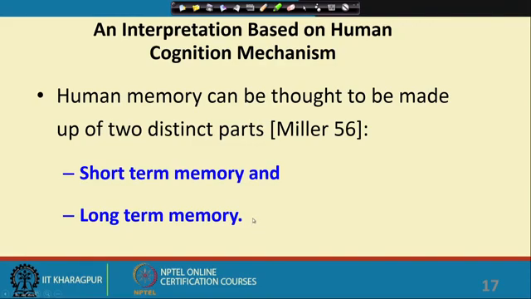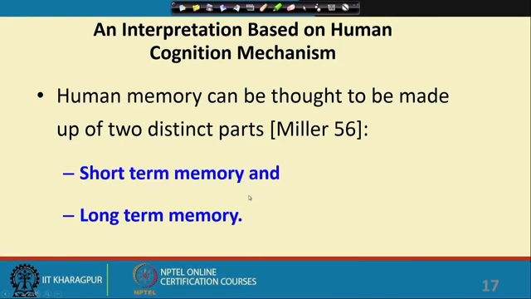To understand that, we need to understand a little bit about the human cognitive mechanism. A long back result from Miller, 1956, said that human memory can be thought of as made of two distinct parts. One is a short term memory and the other is a long term memory.